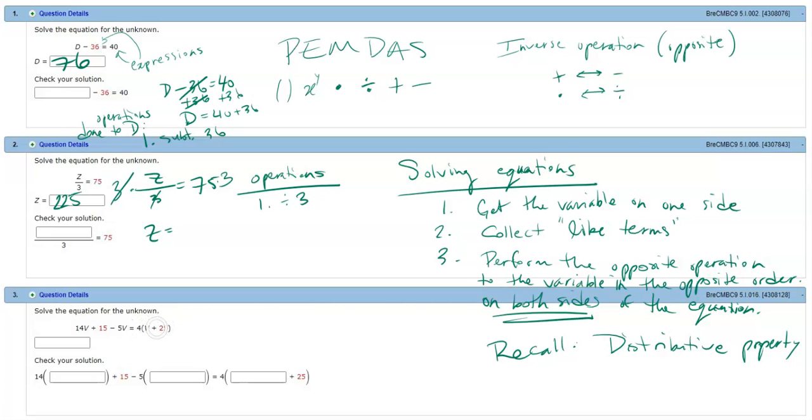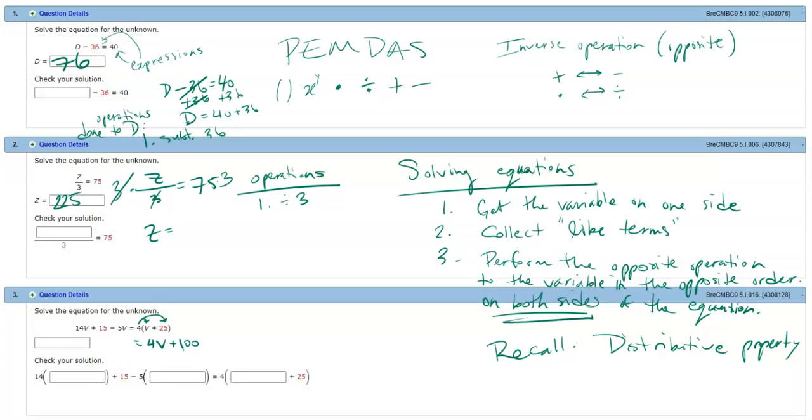And so there's another way of writing this, which is to distribute the 4, where it goes 4 times both of the things inside. So this would become 4 times v, which we just write 4v, plus 4 times 25, which is 100. And so we have now basically a new equation, but we just wanted to get the v out of the parentheses. It was kind of locked up in these parentheses. We don't want it in there.